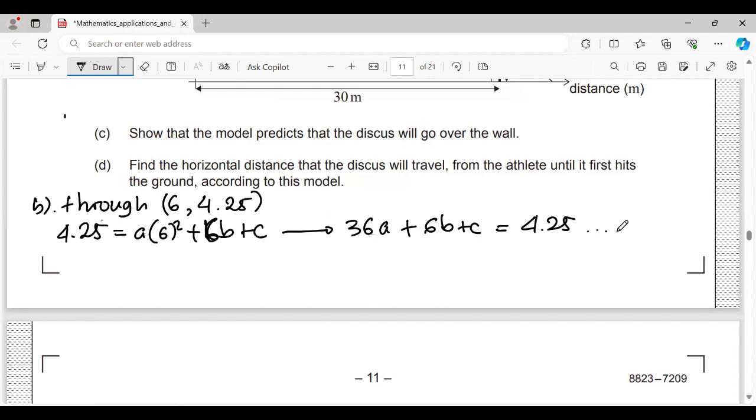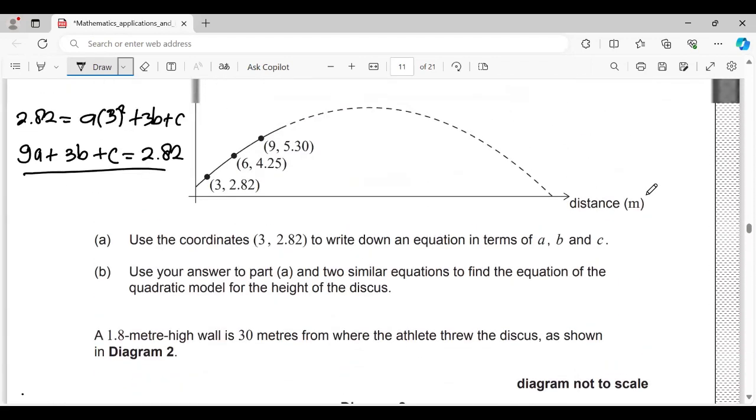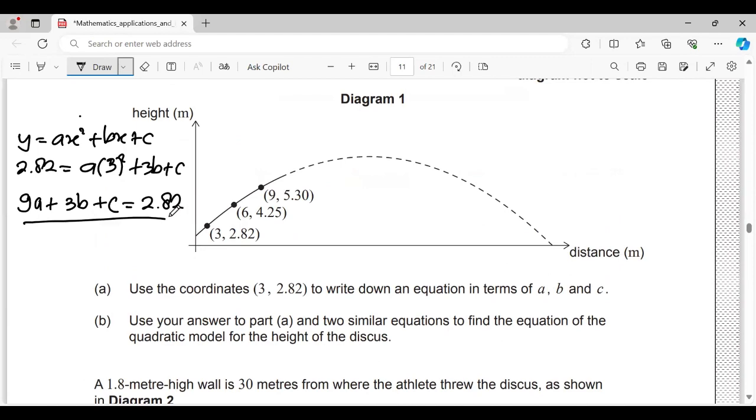This is the second equation, while the earlier one is the first equation.